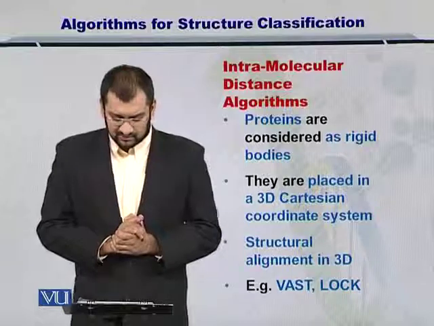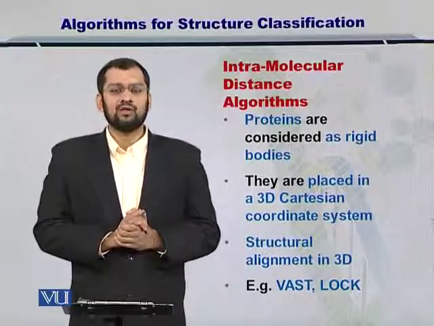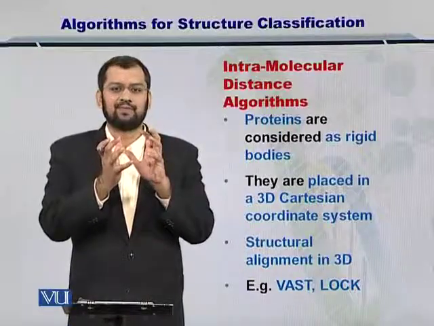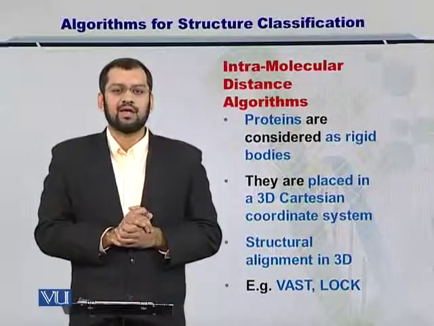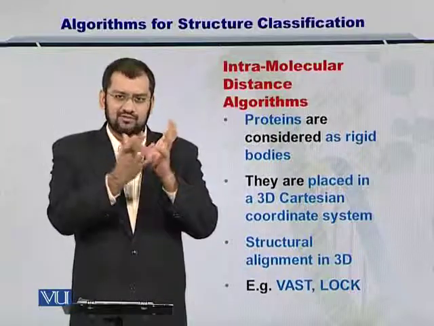So the first one is the intramolecular distance algorithms. In this, the proteins are considered as rigid bodies in 3D using a Cartesian coordinate system, and then you measure the distances within the protein structure.